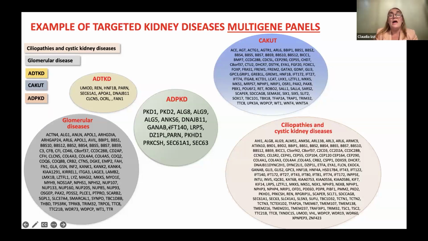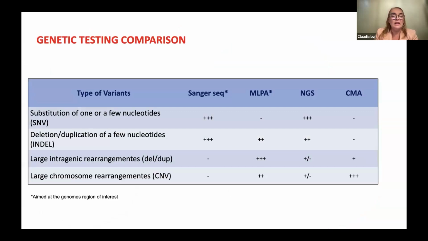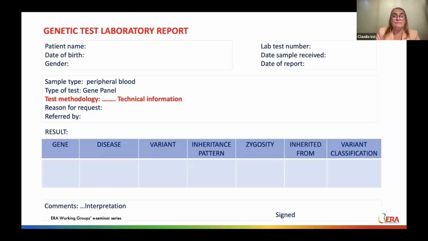But we can also have larger panels that take together all the kidney genes. And this table is just to show that for each type of genetic test, we cannot see all the types of variants that we have in our coding sequence or genome.